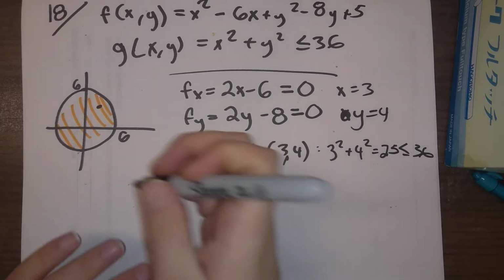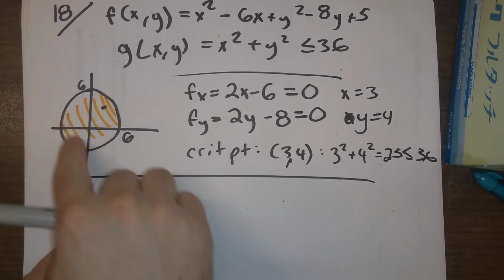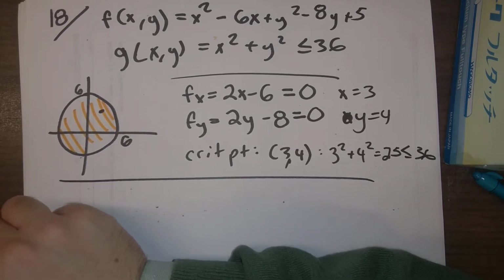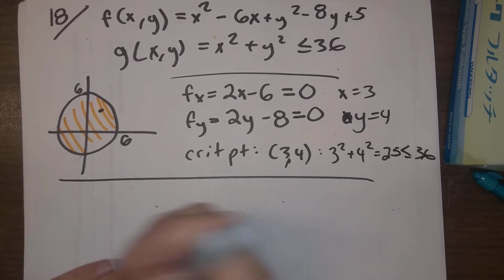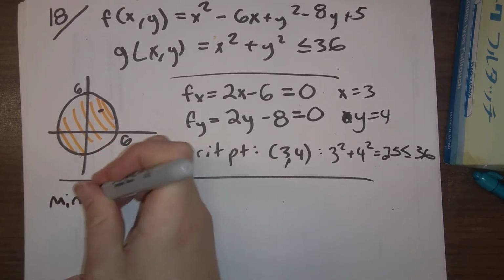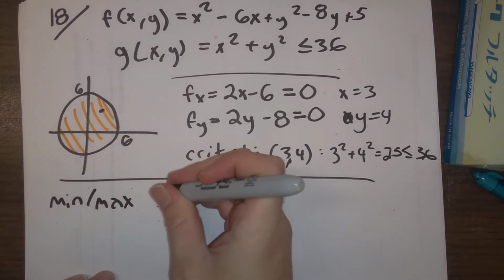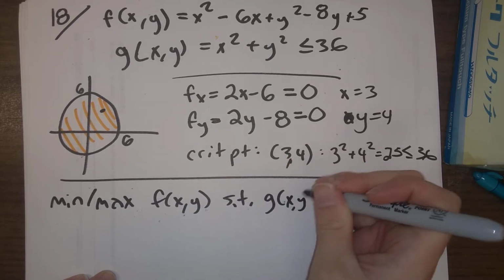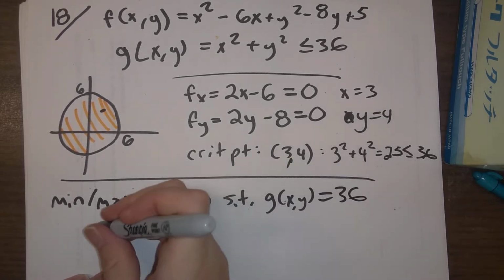Okay, so we know what's going on in the interior. Now let's look at what's happening on the boundary. To do that, we're going to use Lagrange multipliers. So we're going to min and max f of x, y subject to g of x, y exactly equal to 36.